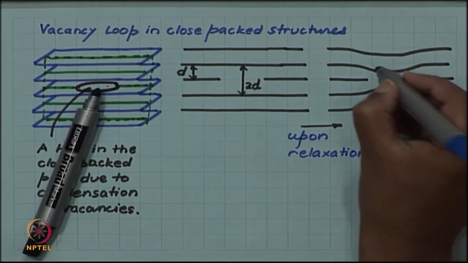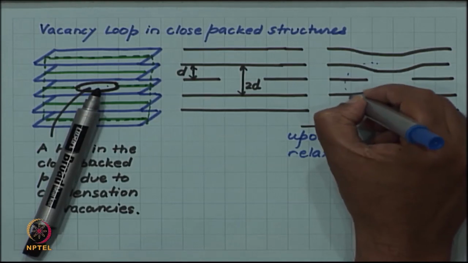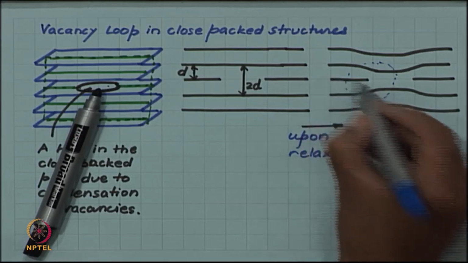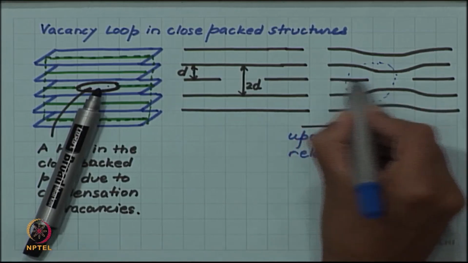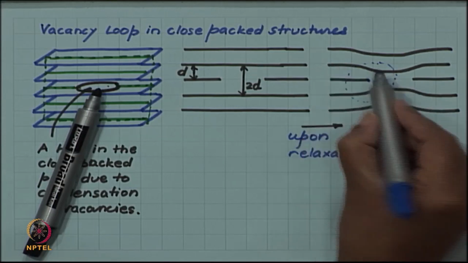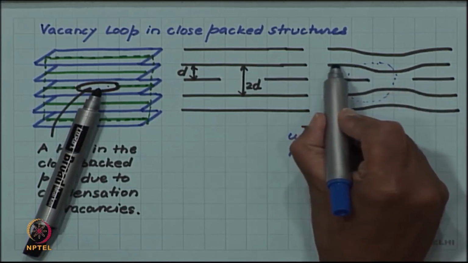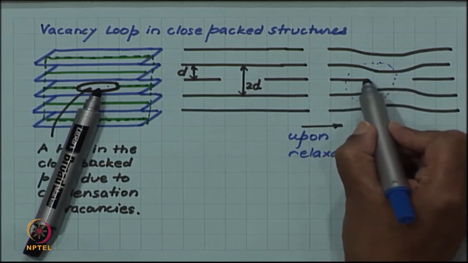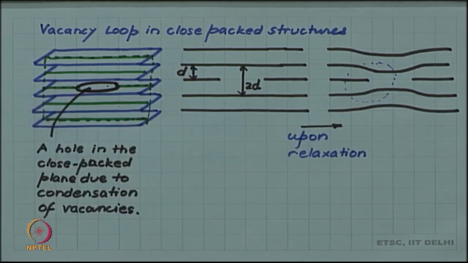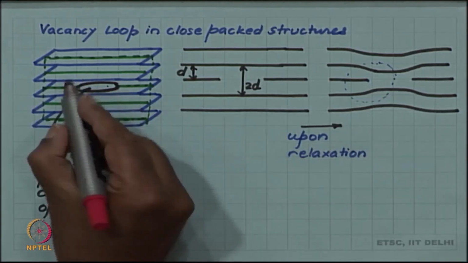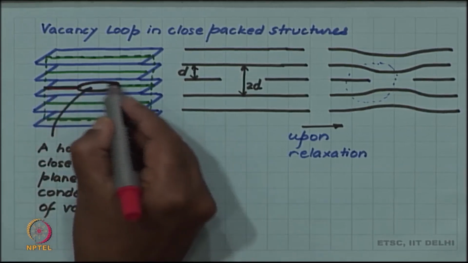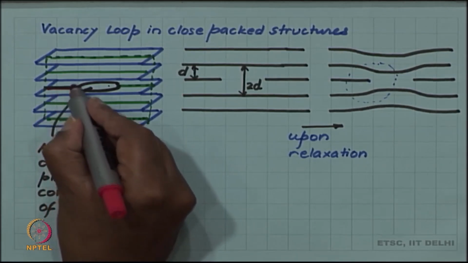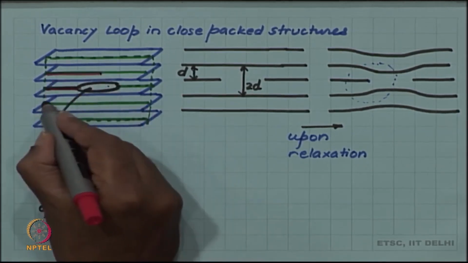You can now quickly see that the local configuration here is nothing but like a dislocation line, because this plane is continuing, but abruptly ends here. The adjacent planes continue. So, this is exactly like a half plane. What essentially I am showing you is that if I am following this line, as soon as I hit this hole, this plane abruptly ends, but the adjacent plane will continue.